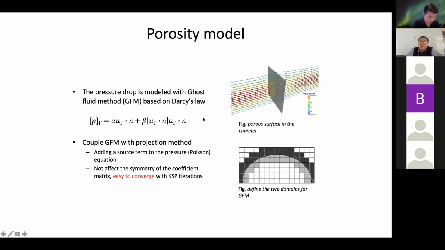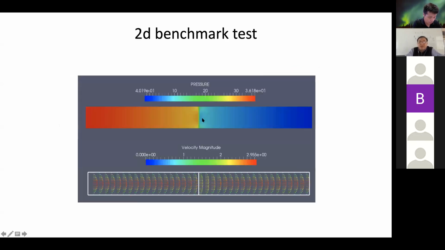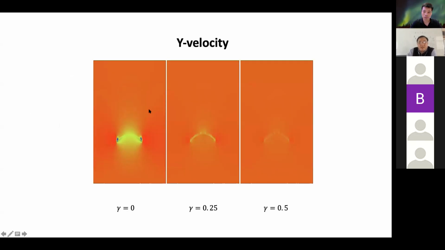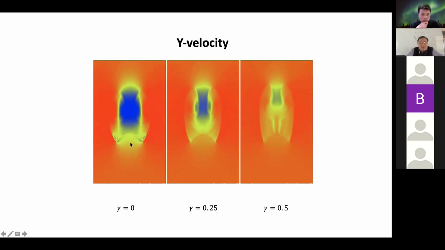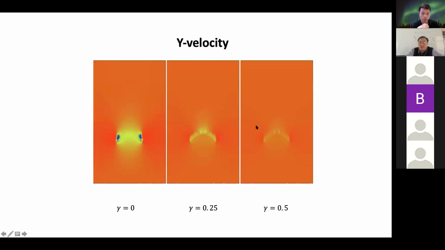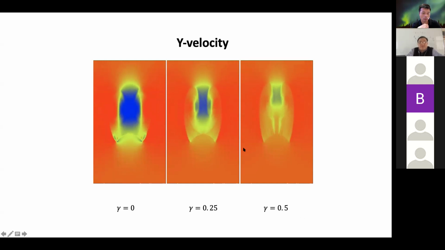So I just show you some of the results. This is the measurement, and this is a simulation. This is a two-dimensional simulation. This is a non-penetrable fluid interface, and this is about gamma equal to 0.5, so it's a highly porous fluid interface.